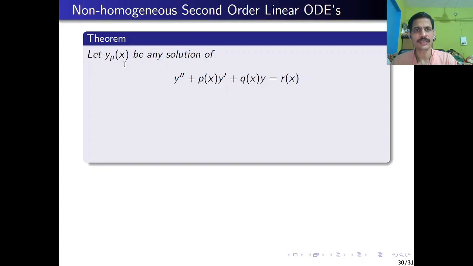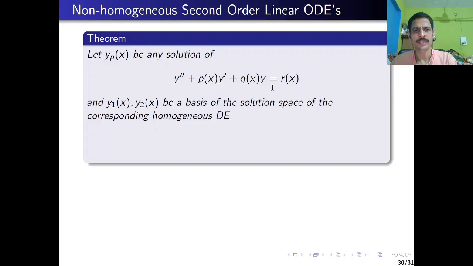Suppose yp is any solution of the non-homogeneous second order linear ODE, namely y'' + p(x)y' + q(x)y = r(x), where p(x), q(x) and r(x) are assumed to be continuous functions of x, and let y1 and y2 be a basis of the solution space of the corresponding homogeneous differential equation, that is y'' + p(x)y' + q(x)y = 0.